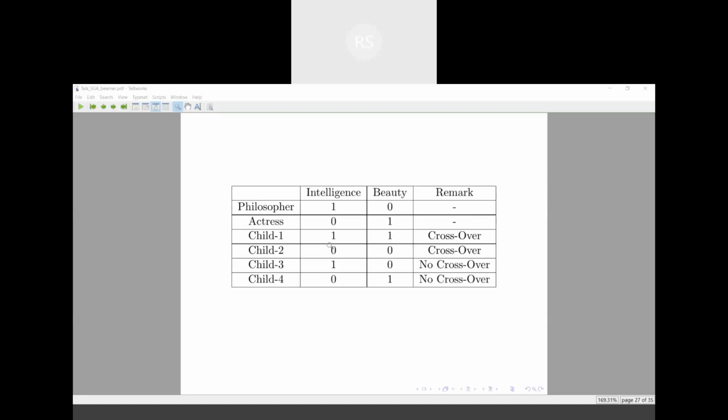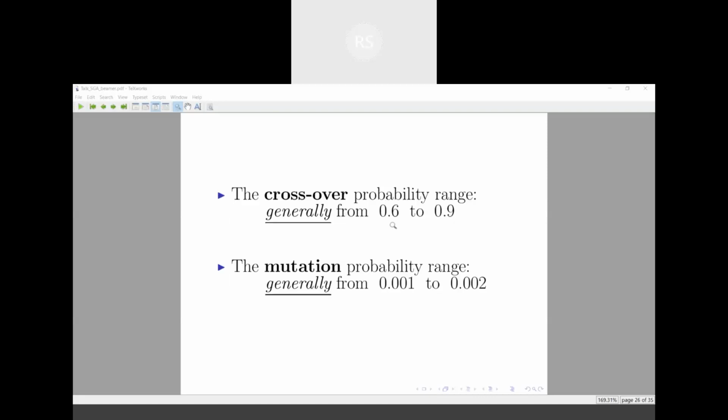Now, when I say that the possibility is from 0.6 to 0.9, what I will do is generate a random number, right? And that random number will tell me, of course, I will have to design that random number.